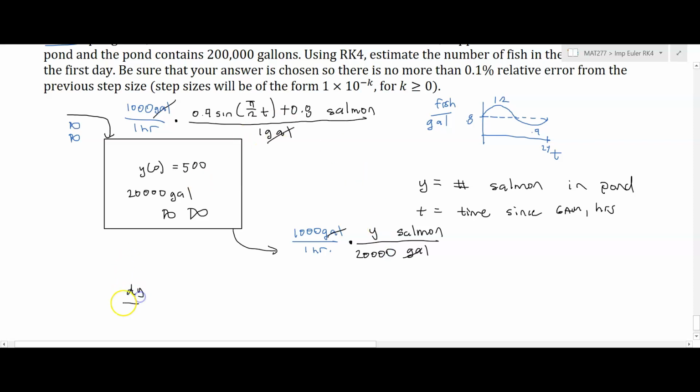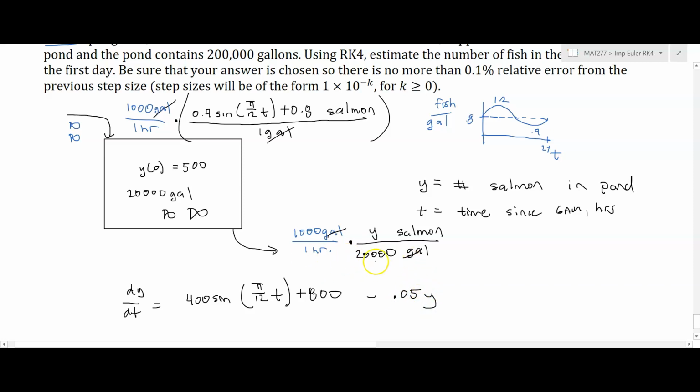Now, dy/dt is going to be the difference between the rate in, which is going to be 1,000 times this expression. So if I distribute that 1,000 into this expression, that'll be 400 sine of pi over 12 t, and then 1,000 times 0.8 will be 800, minus what's coming out, which will be 1,000 over 20,000, or 0.05y.